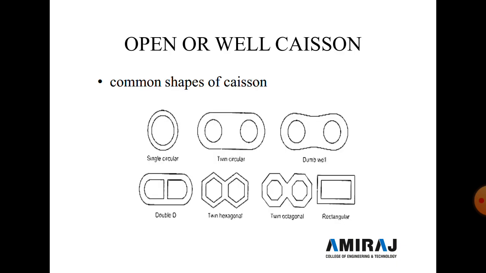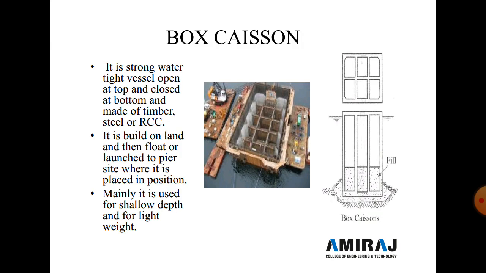This type of caisson is sunk by filling sand, gravel, or concrete in the empty space inside. See this figure: inside the box we fill sand, gravel, and concrete, and the place where the caisson rests must be leveled.